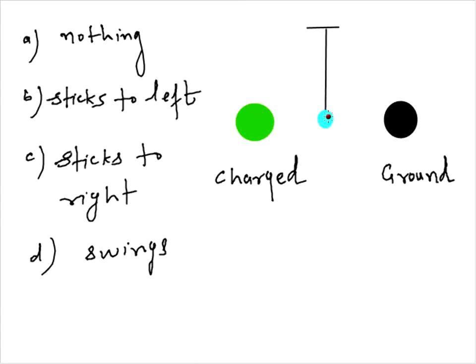Electrons that are free, it's a metal ball, right? They will be interested in this side. They will come here. So that side will become positive. And if negative is close to positive, force here will be more than force here.